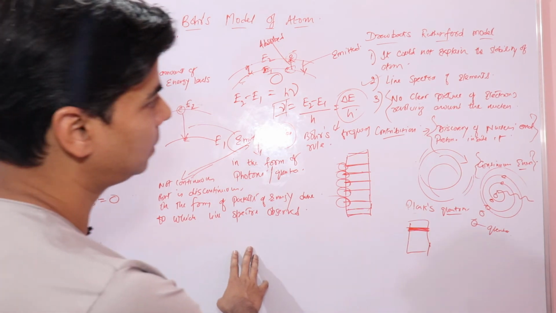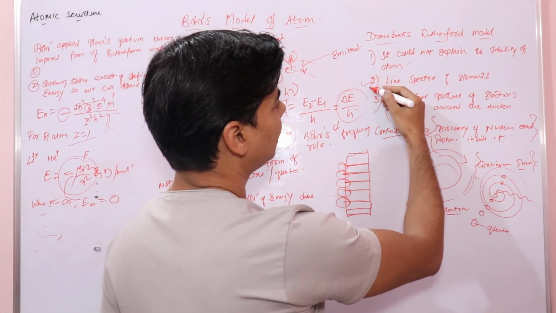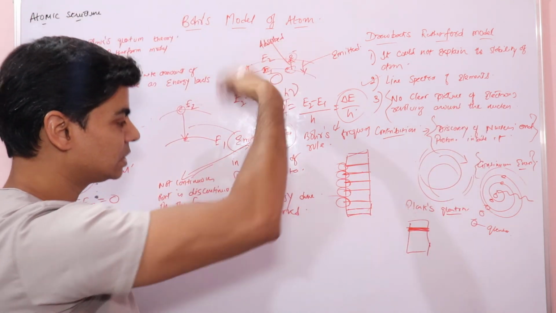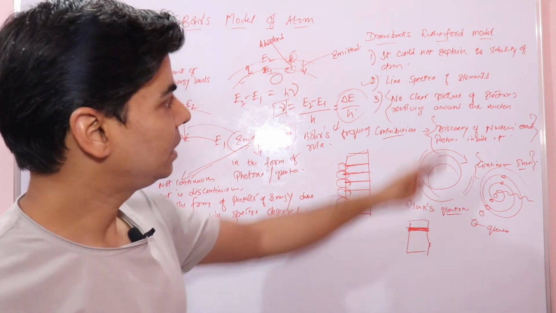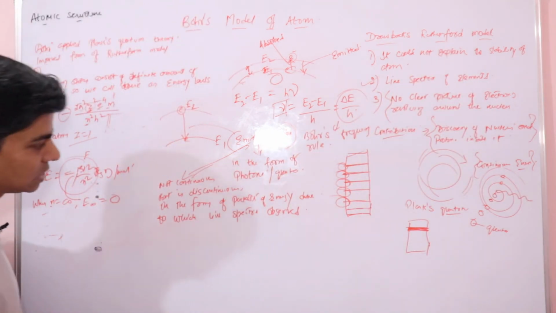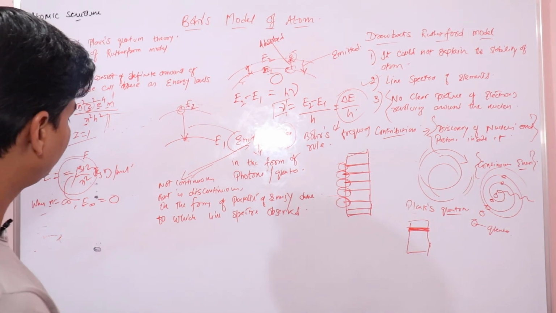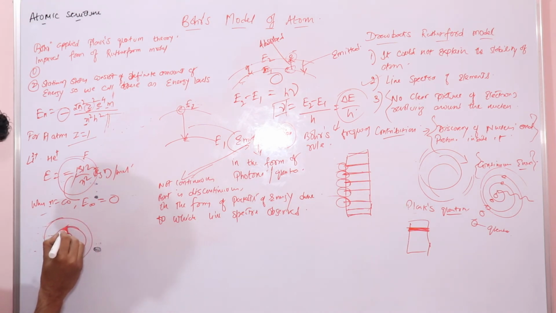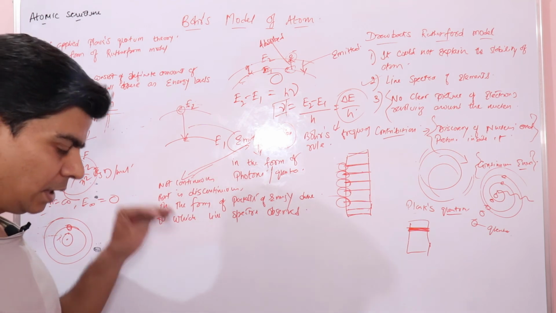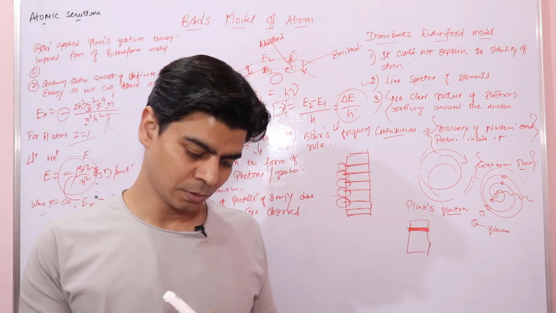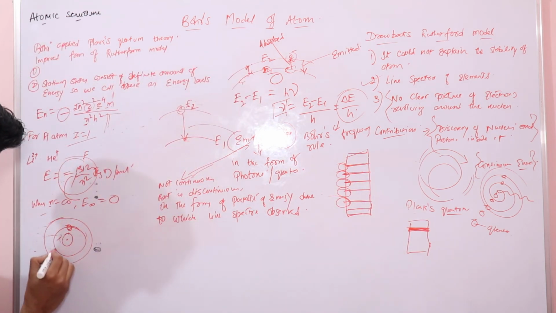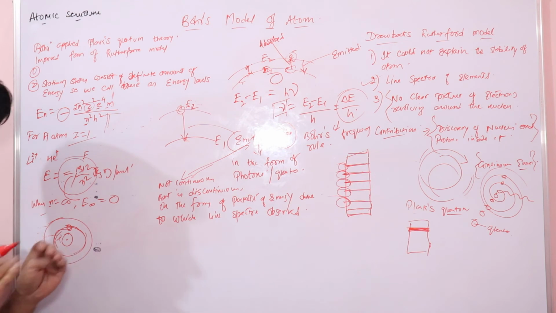So the Bohr model of atom explained the line spectra. It explained the distribution of electrons in stationary states. And let's talk about the stability of the atom, because the Bohr model said that if this is your nucleus, then the electron is moving in the ground state, which means the lowest energy state.